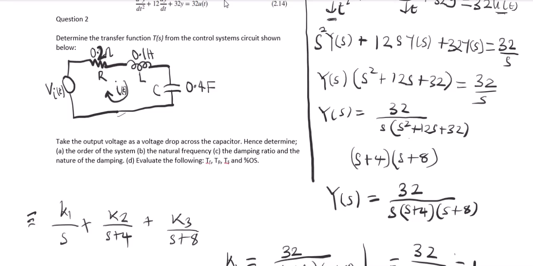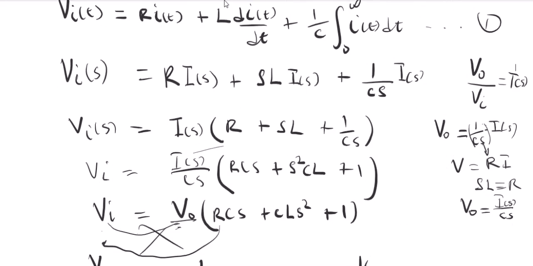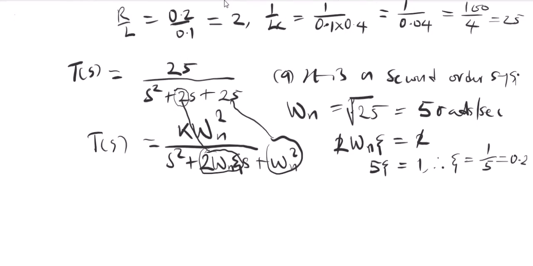Because the damping ratio is 0.2, we quickly remember that it is under 1, lower than 1.